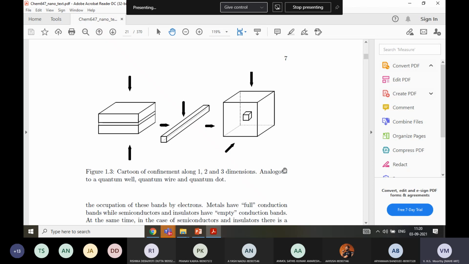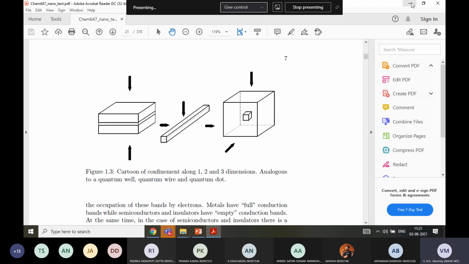So what is meant by that? Now the electron movement in the z direction is quantized. So basically the electron cannot move freely, but only in discrete energy levels in that direction.